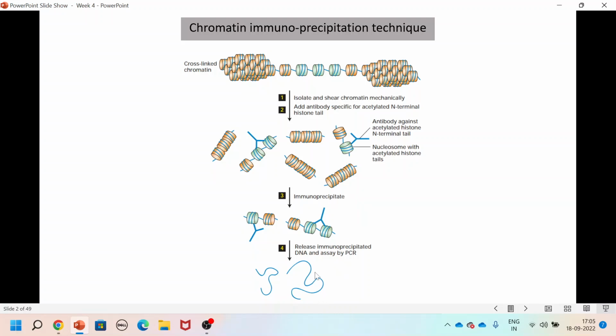Because the antibodies bind specifically to the site where our enhancers or promoters are present, we can analyze the segment of the DNA to which these enhancers or promoters bind. In this way, chromatin immunoprecipitation helps in analyzing the chromatin state and also in identifying various sites in the genome.